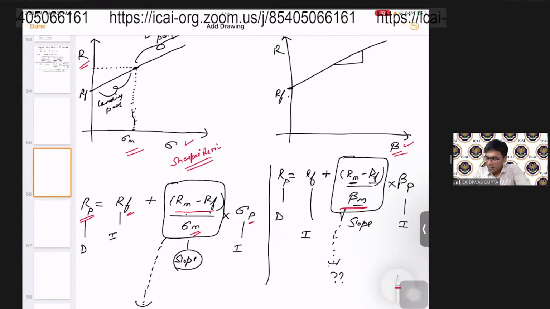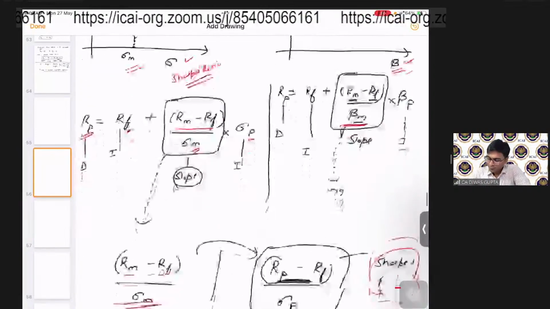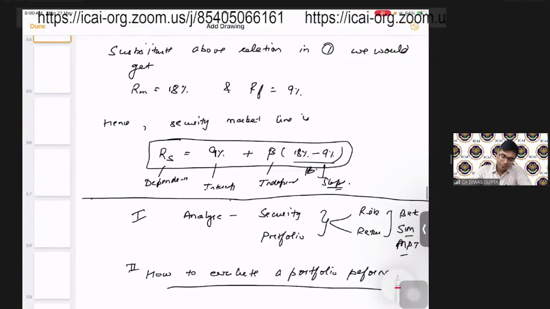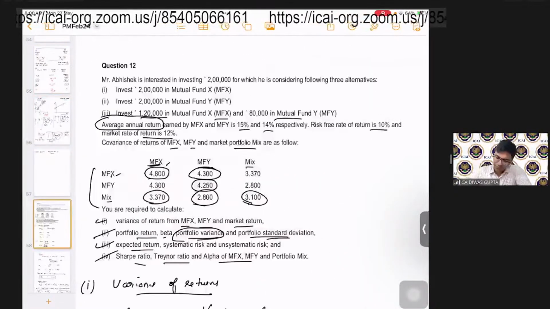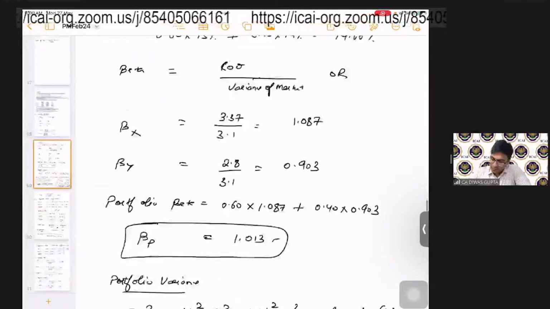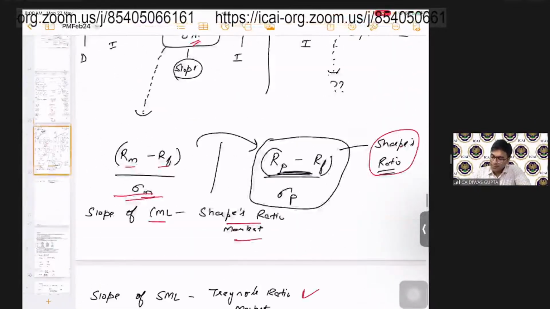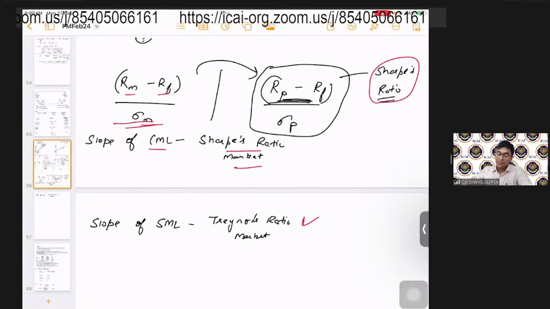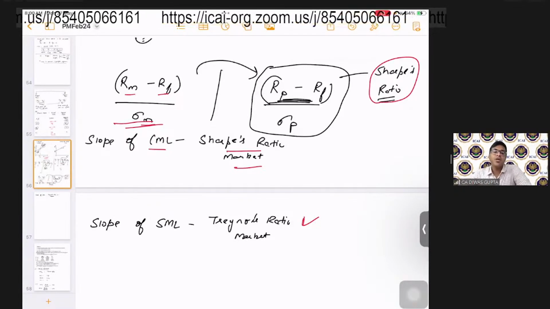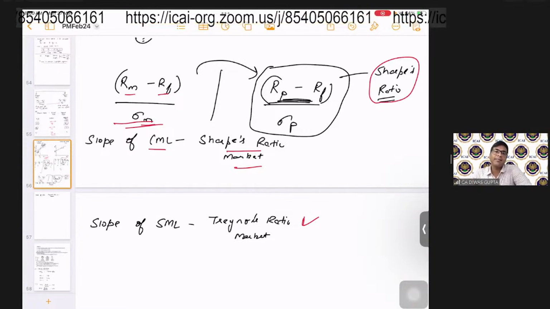So if a question says the slope of the capital market line is this much, understand that it is talking about the Sharpe's ratio of the market.